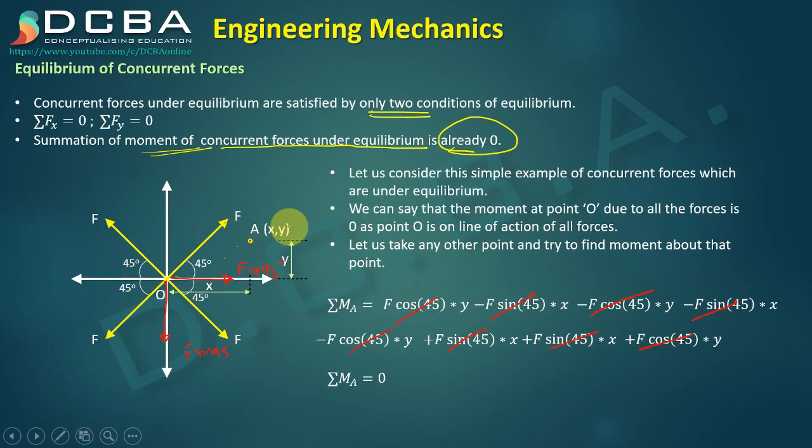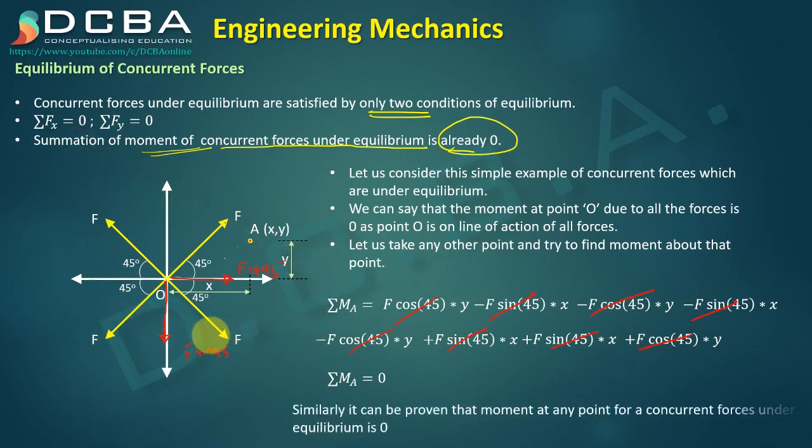It's not like we are not adhering to our three conditions of equilibrium. We are actually adhering to them, that is summation Fy and Fx equal to 0, and apart from that, summation M is already equal to 0. So all three conditions are being met. Similarly, it can be proven that the moment at any point for concurrent forces under equilibrium is 0.